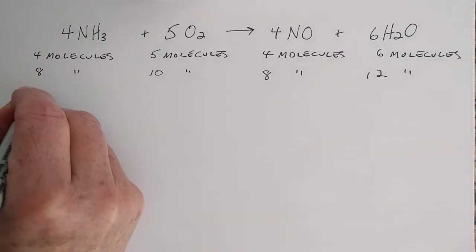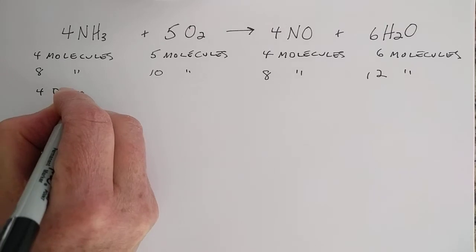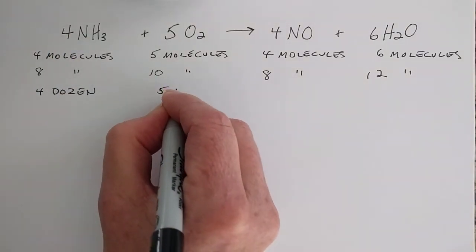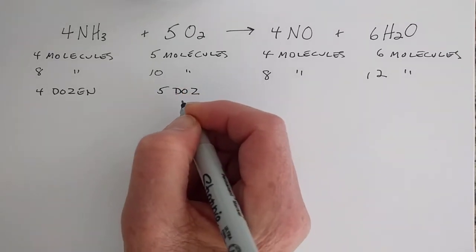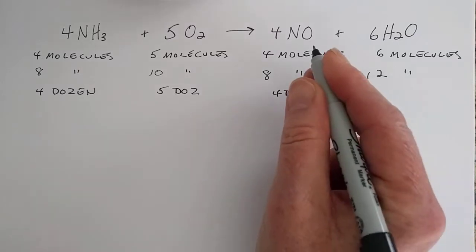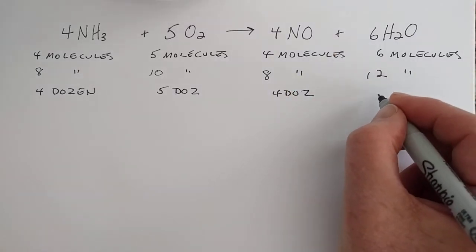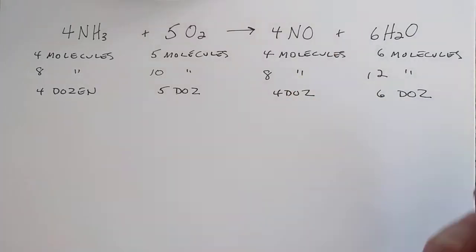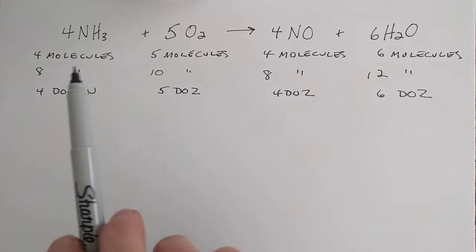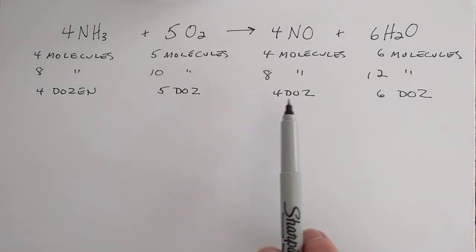We could have 4 dozen molecules of NH3. It would need 5 dozen molecules of O2 to react to produce 4 dozen NO molecules and 6 dozen H2O molecules.